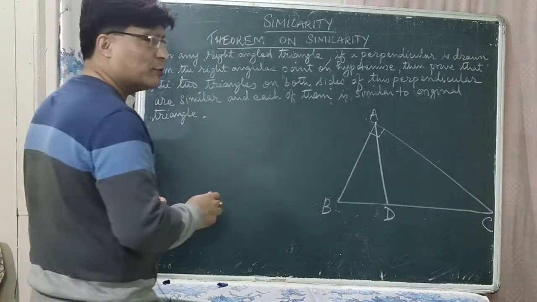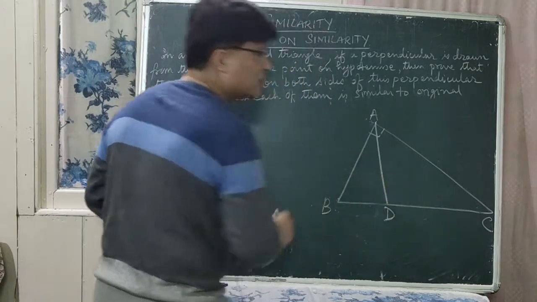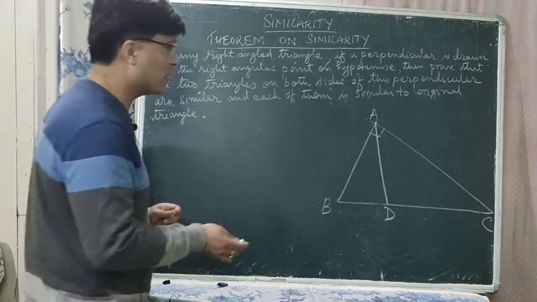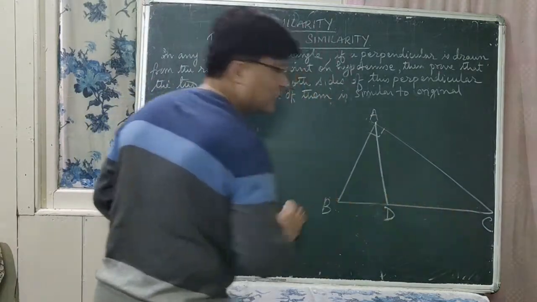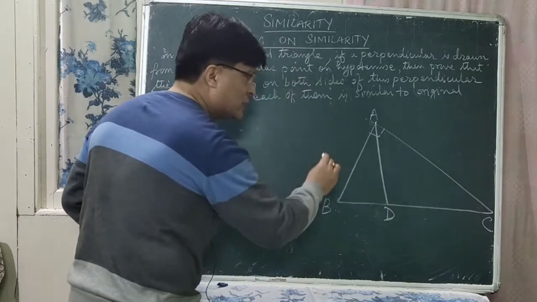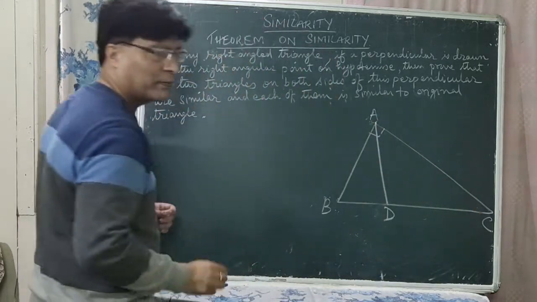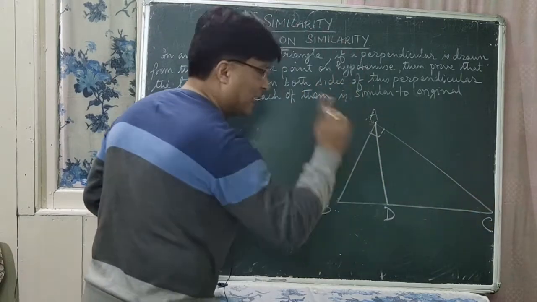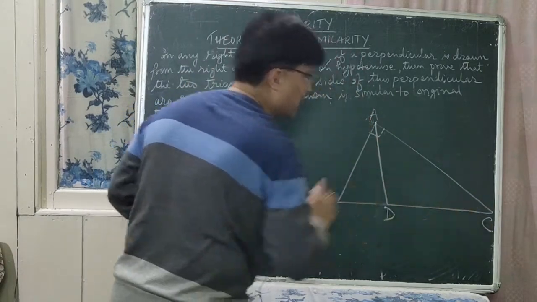And also you have to prove that these two triangles are similar to the original triangle. Original triangle means ABC is the original triangle. Now you have to prove that ABD and original triangle ABC are similar, and also that triangle ADC and original triangle ABC are similar.